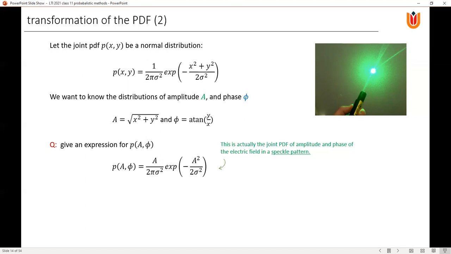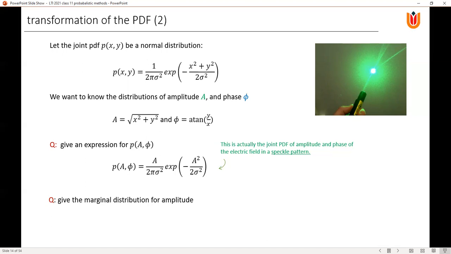Okay. Let's continue with that. So now this is still a joint distribution of amplitude and phase. Let's say we're only interested in amplitude. What would be the marginal distribution for amplitude? What do we need to do? The integral over phi.